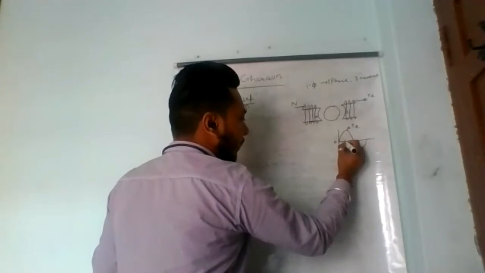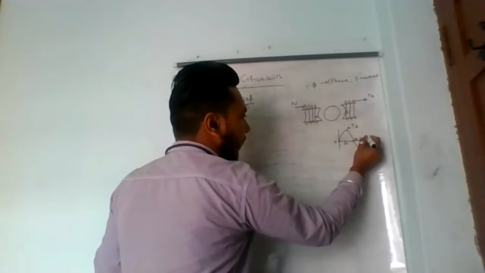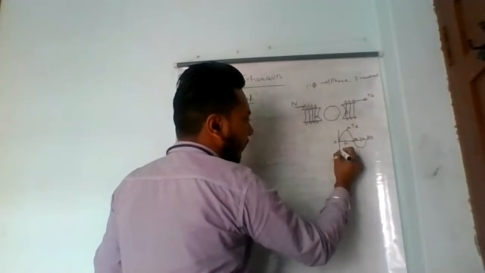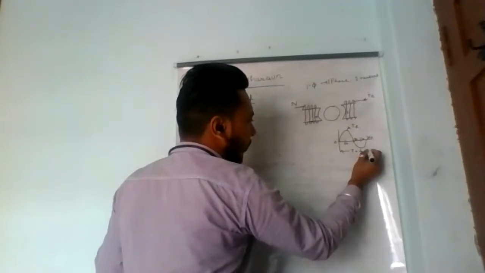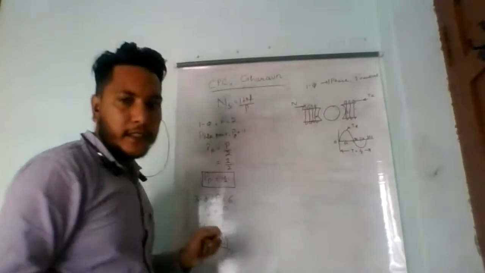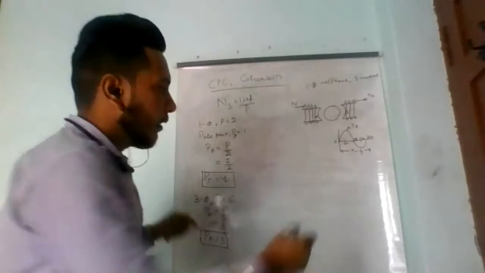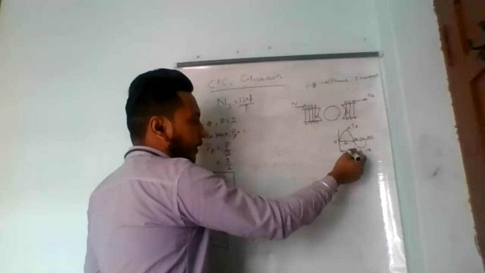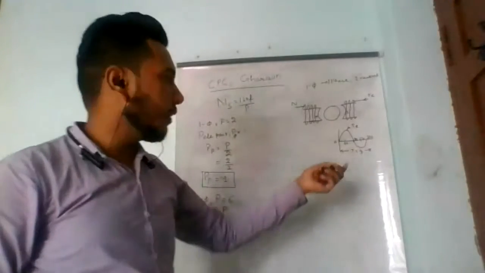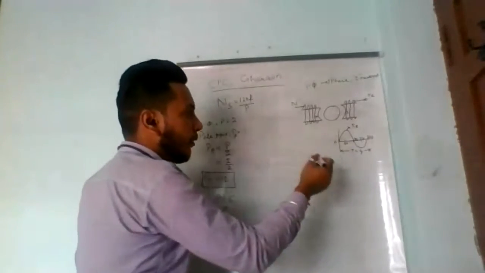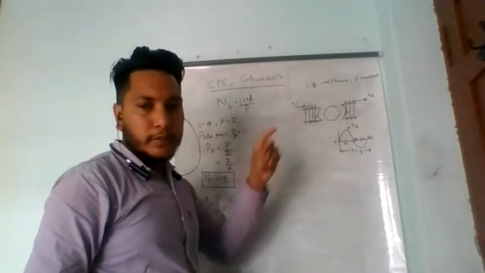Here we have 0 degree, 90 degree, 180 degree, 270 degree, and 360 degree. Here it represents the time period. T is equal to 1 upon f. Time period is the time taken for one cycle, and frequency is the reciprocal of the time period.